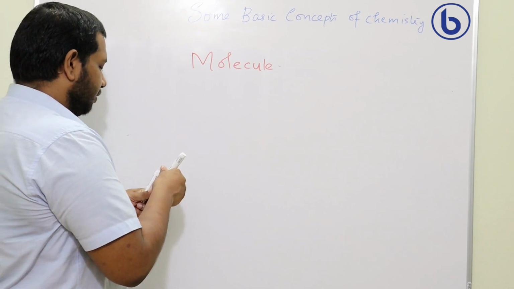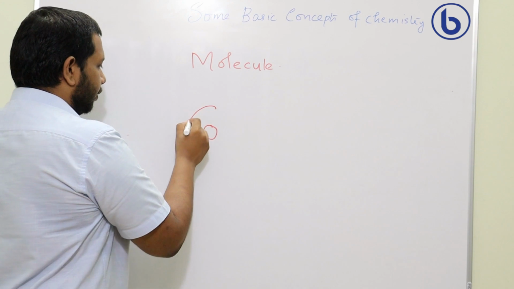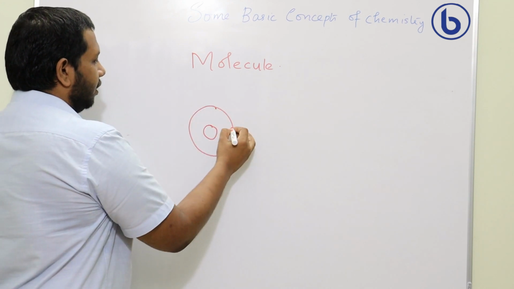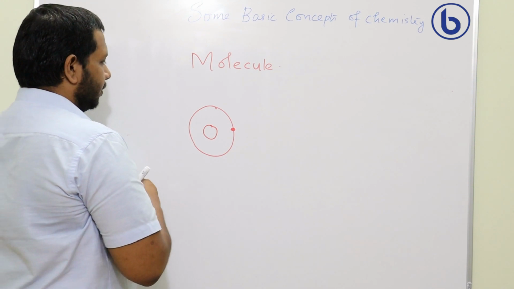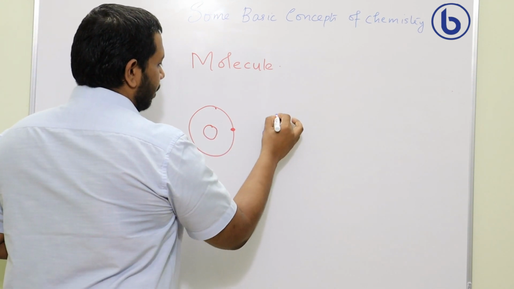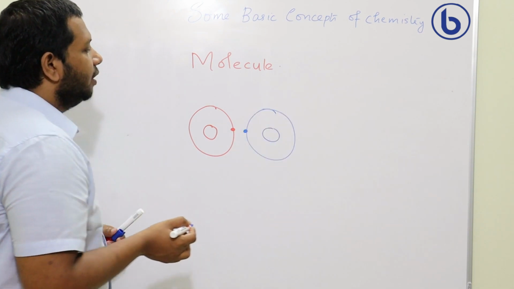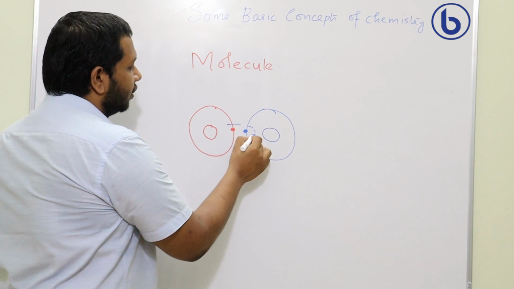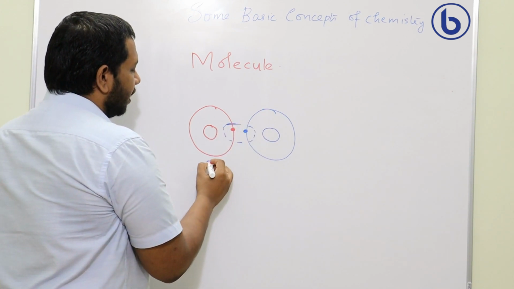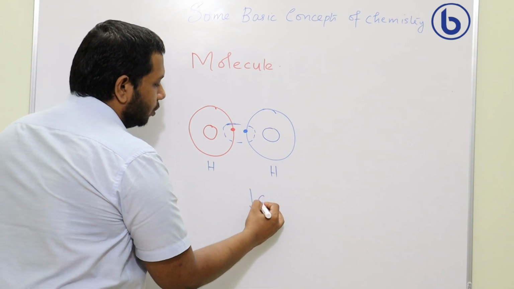Something like this. This is my nucleus of the first hydrogen atom, and this is my shell. This is my first hydrogen atom, and you have a second hydrogen atom out here, which will also have an electron. Now they will share the electrons in such a way that this hydrogen atom and this hydrogen atom combine together.